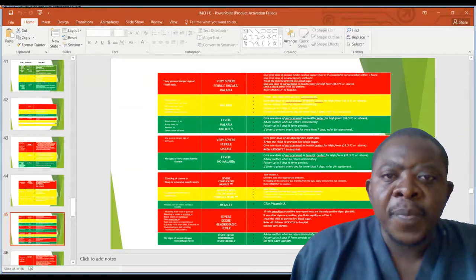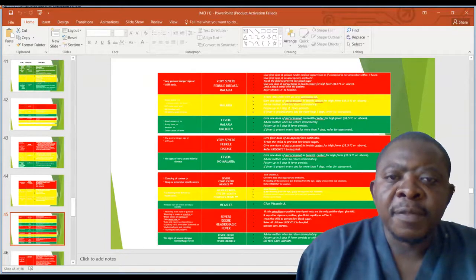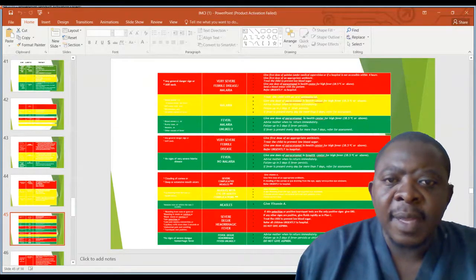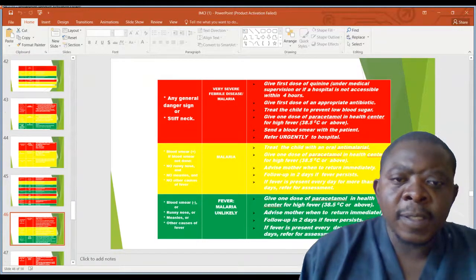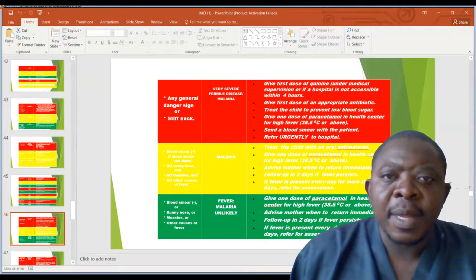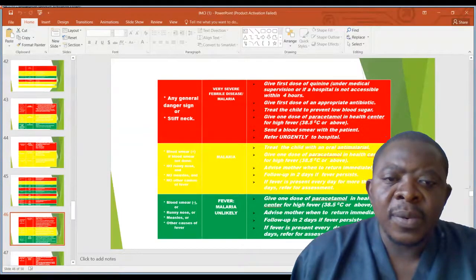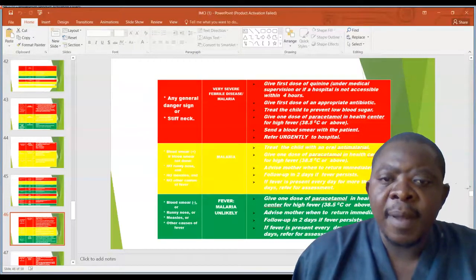Okay, so the other classification for fever can fall under malaria. So this is the way to look, if you are classifying for malaria. So if the blood smear is negative, and runny nose, measles, or other causes of fever are not present, then it's just fever, malaria unlikely.